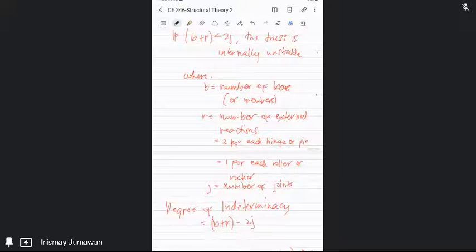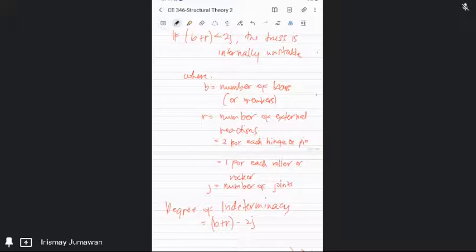So you can solve all the reactions using the static equilibrium equations, then compute the bar forces. However, for a statically indeterminate truss, the same as in a beam, there is a redundant reaction or a redundant member that exists in your truss.